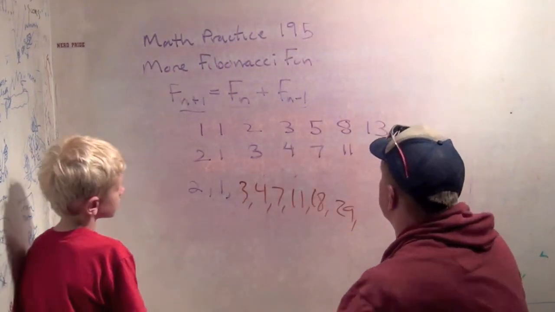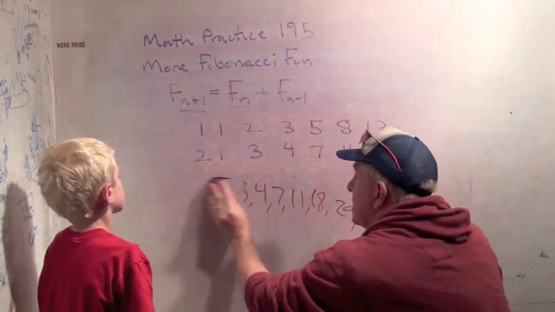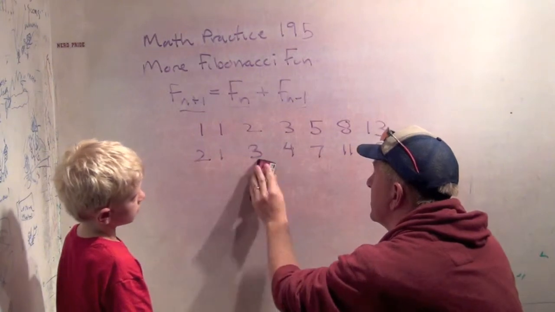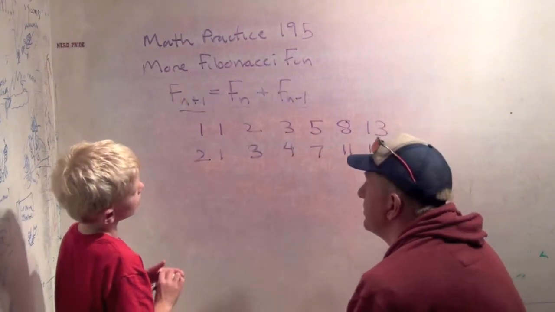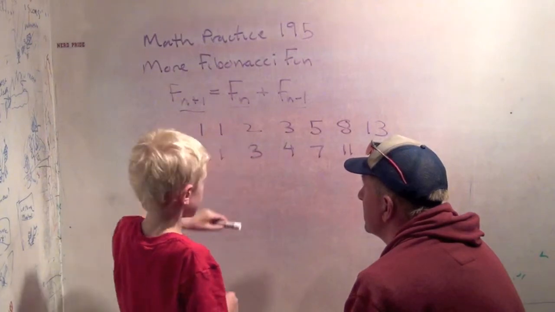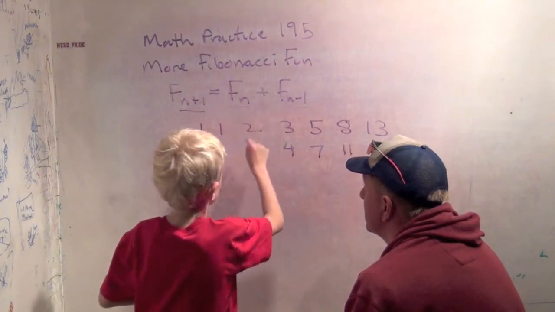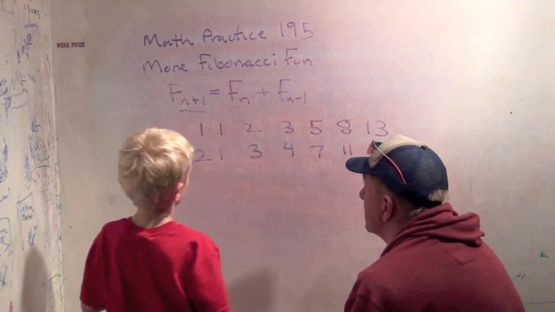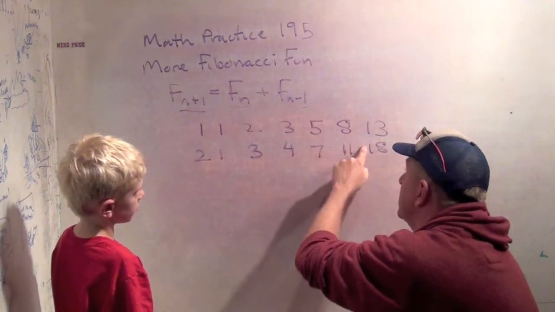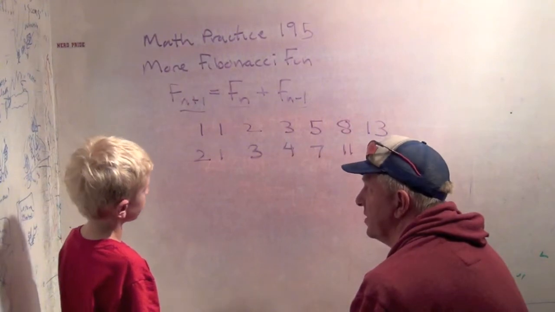Well, that's kind of interesting. I wonder if we can see any relationships between these two sequences. Well, it only works for these numbers, but these numbers are 1 greater. Okay, and this one's 2 greater, this one's 3 greater, this one's 5 greater.